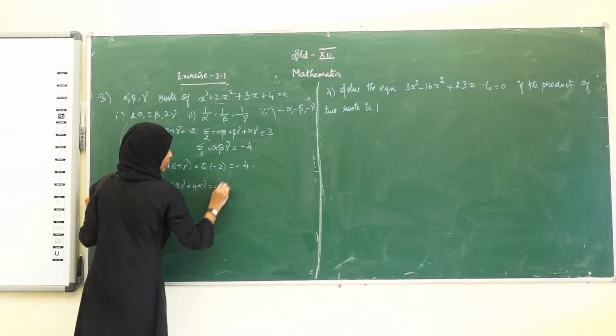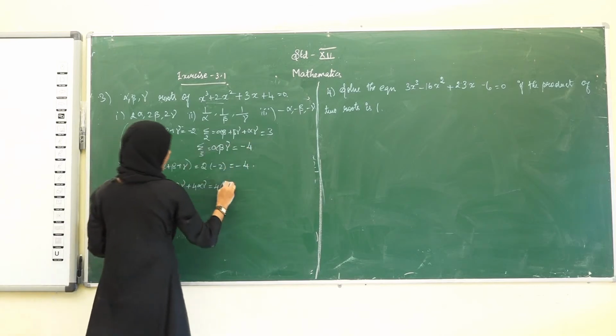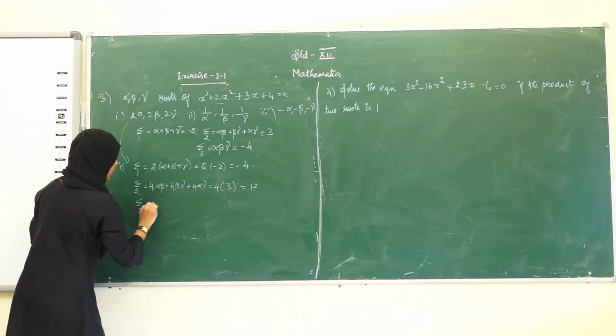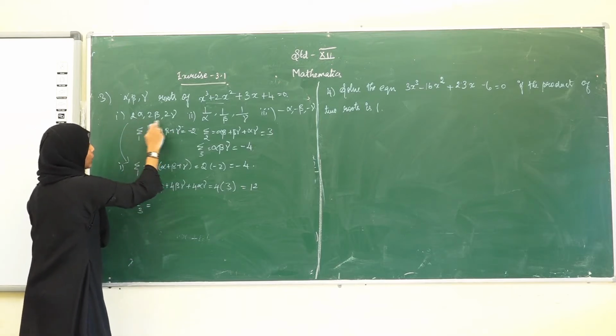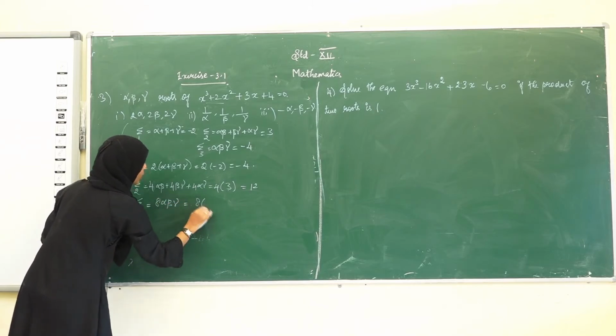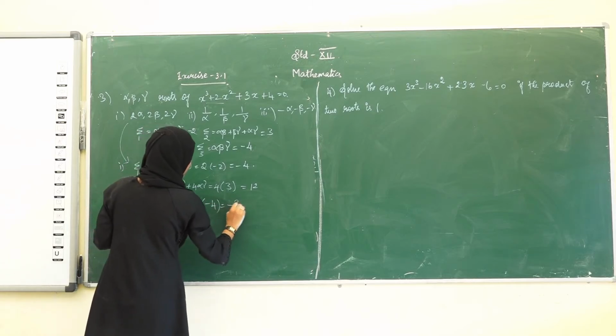Here we can take 4 outside, and the value of alpha beta plus beta gamma plus alpha gamma is 3, so 4 times 3 is 12. And then summation 3 is the product of these, that is 8 into alpha beta gamma. The value of alpha beta gamma is minus 4, which is equal to minus 32.